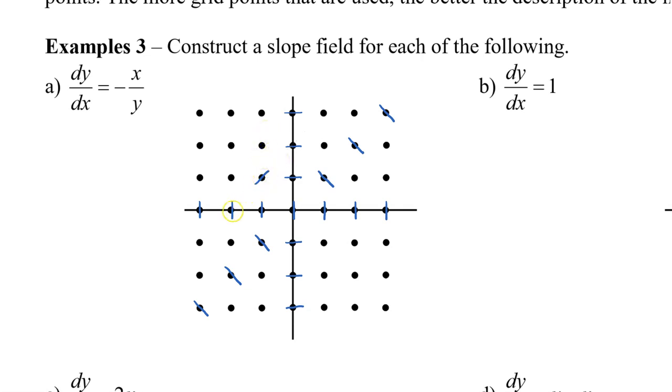So now at negative 2, positive 2, I have negative 2 divided by positive 2. So again, that gives me a slope of 1, which is the same as the one I just drew here. So I'm going to draw a little line like this, and same as at negative 3, positive 3. When I get to 1, negative 1, when I plug that in, I'll have 1 divided by negative 1, so it's also going to be positive 1. So all along this diagonal here, these have a positive 1 slope.